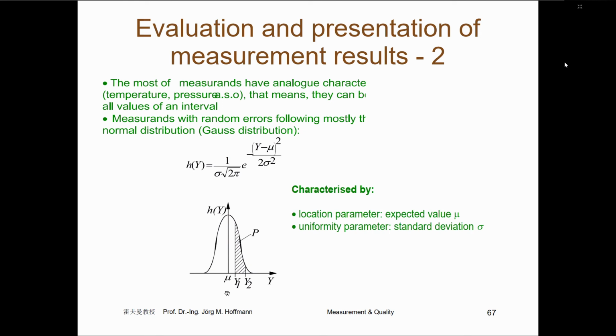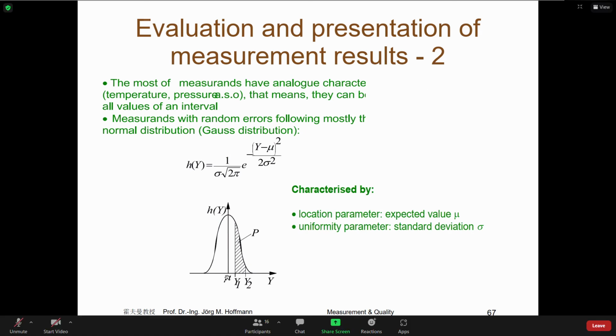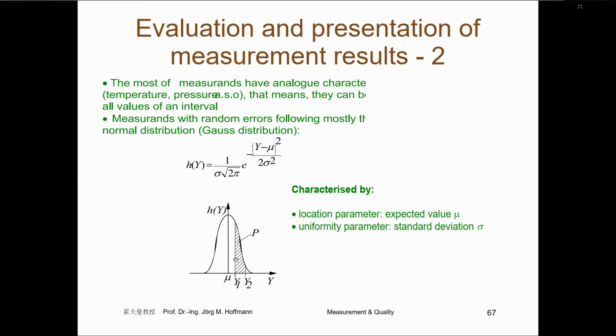Every distribution is described by 2 parameters. One is a location parameter, and one is the uniformity parameter. The location parameter of the normal distribution is the expected value mu, and the standard deviation is the uniformity parameter.